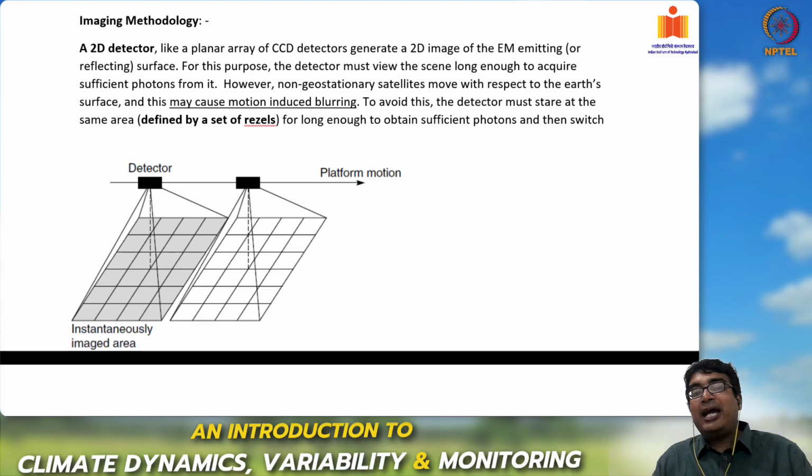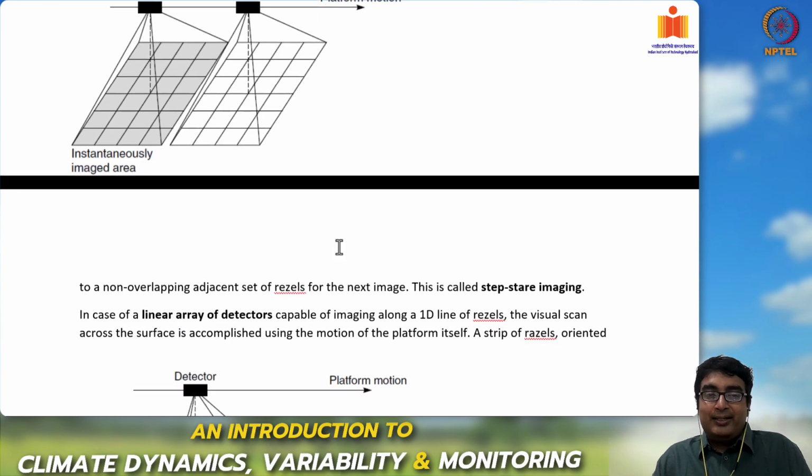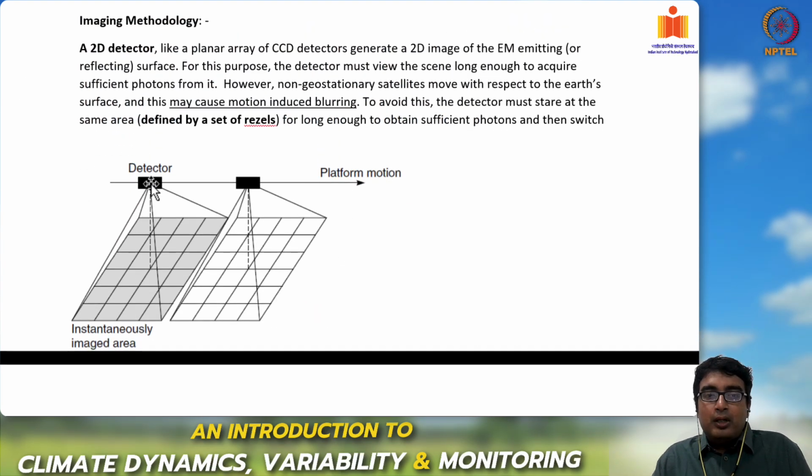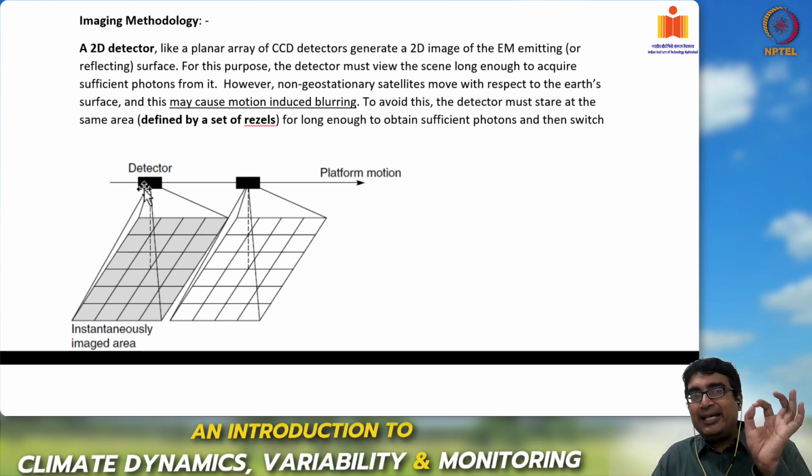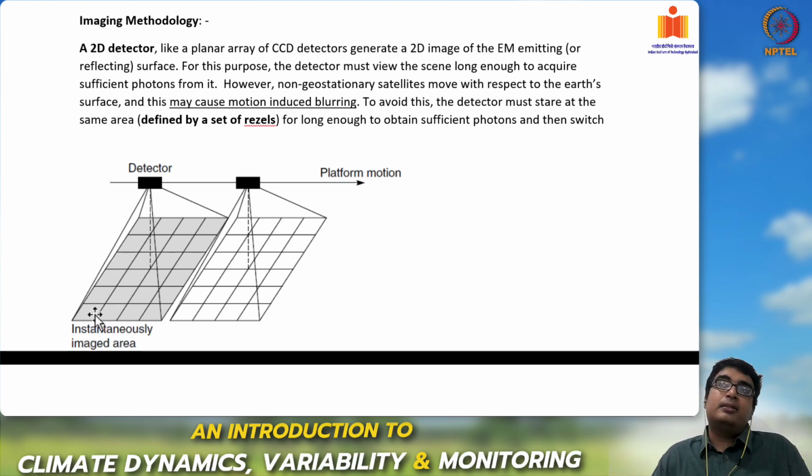Okay. So let's look at how this system kind of works. For multiple types of detector systems, we will start today and look into it in the next class as well. So we have a 2D detector. Suppose it's a CCD or a series of photodiodes that is arranged within your detector, and each array element is mapped into a certain location on the Earth's surface.